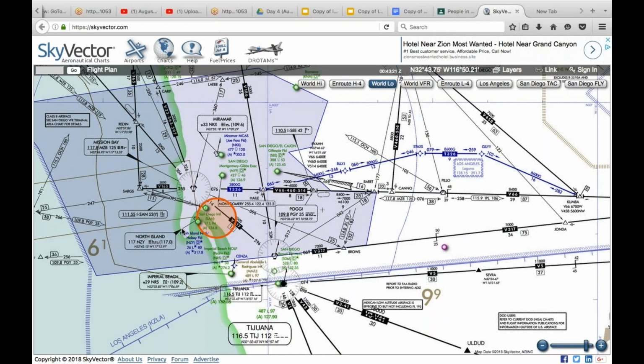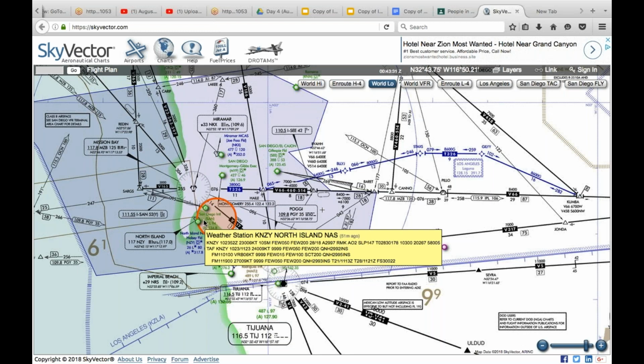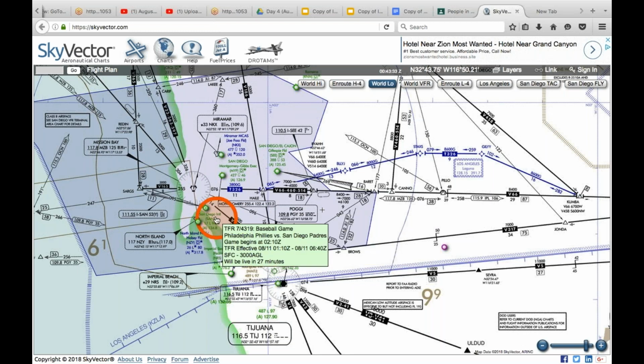So that localizer symbol that you can see there at San Diego Airport, you see the giant orange circle in the center of the screen? That's the San Diego baseball field, but at the top left corner, you'll see San Diego Airport, and you see that arrow pointing to it. That's the localizer symbol, okay?